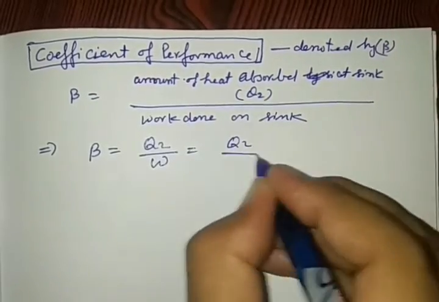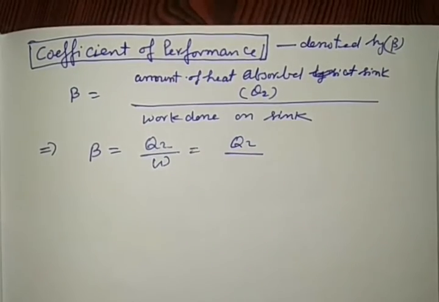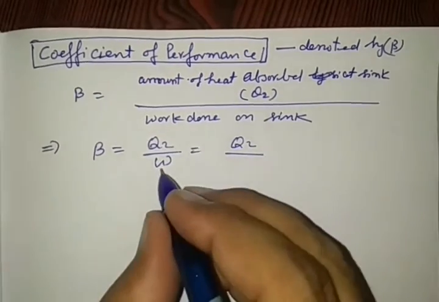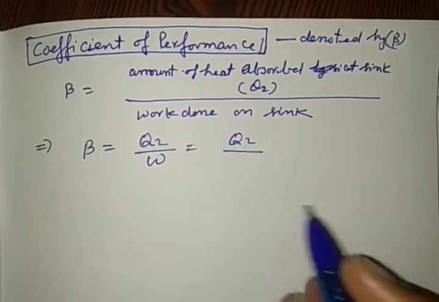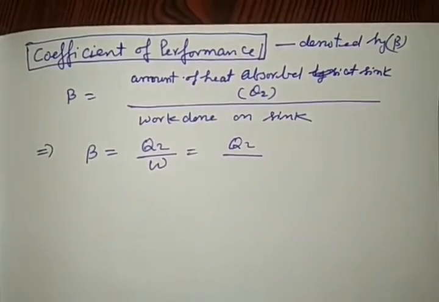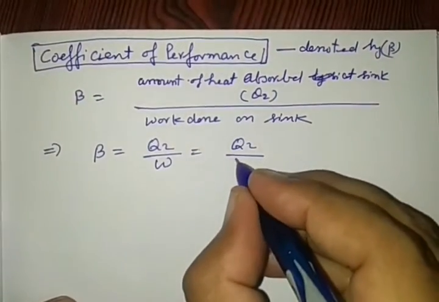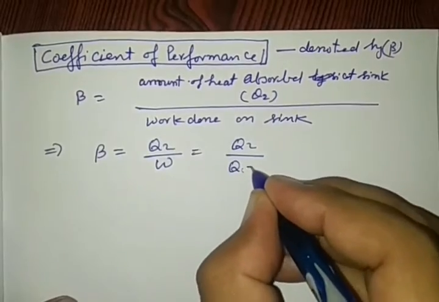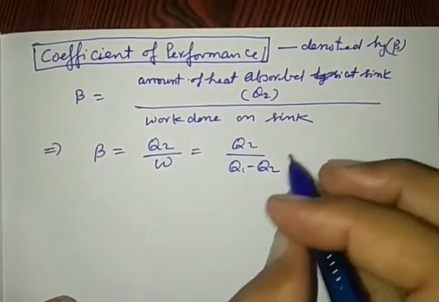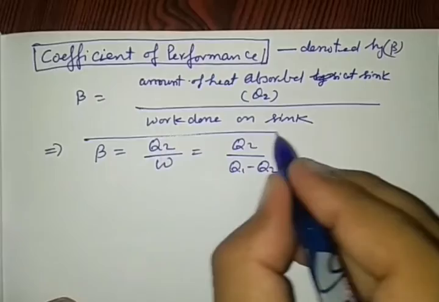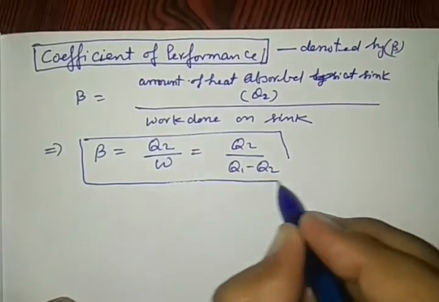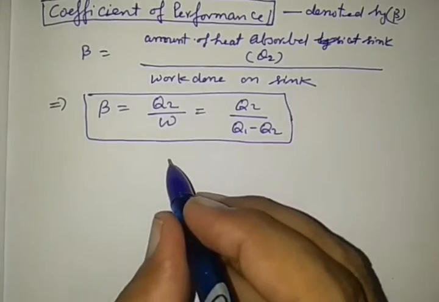This Q2 by work done can be obtained from the previous equation, where work done is the difference in the energies. So the coefficient of performance can be written in this equation.